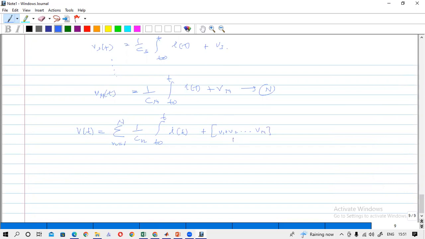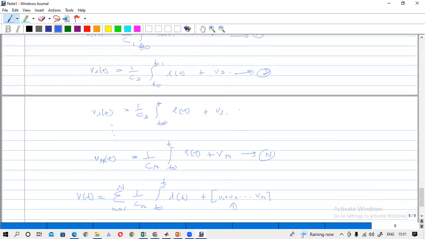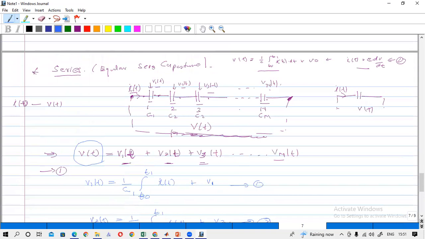So what is this value actually? V1, V2, Vn. That means the initial value, the initial charge value. Here we have V1, V2, V3, V4. Let's say that it is V naught. So V naught is equal to V1 plus V2 plus V3 and so on.